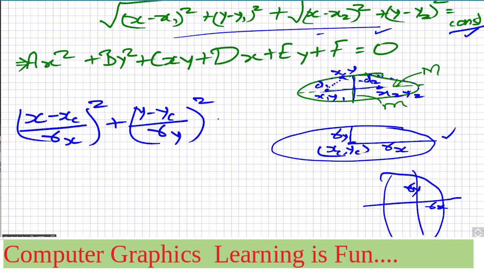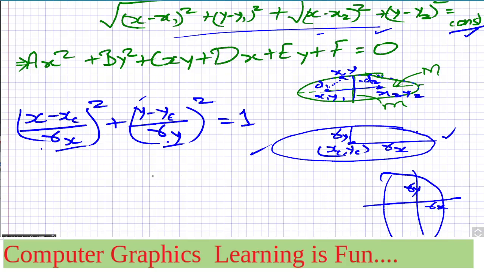This summation will be equal to 1. This is the equation for your ellipse. If you are aware of your major and minor axis, then you can use this equation with the center and find the values of your corresponding coordinates.